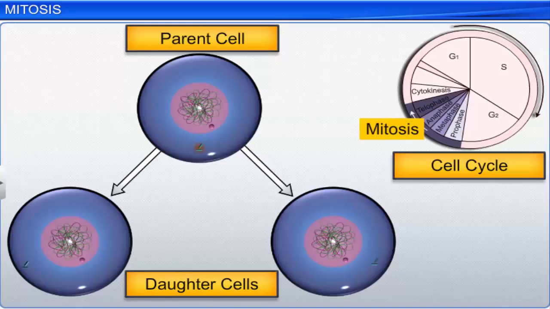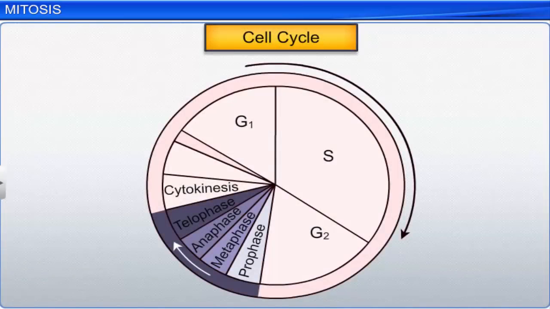Mitosis is also known as equational division, as both the parent and the daughter cells have the same number of chromosomes. Mitosis is a continuous process. However, for convenience, it is divided into 4 stages of nuclear division, namely prophase, metaphase, anaphase, and telophase.